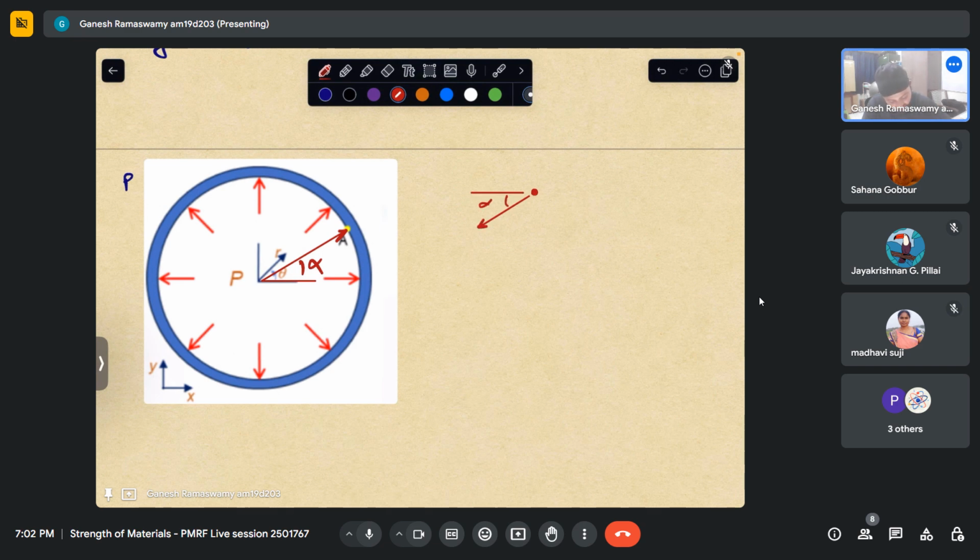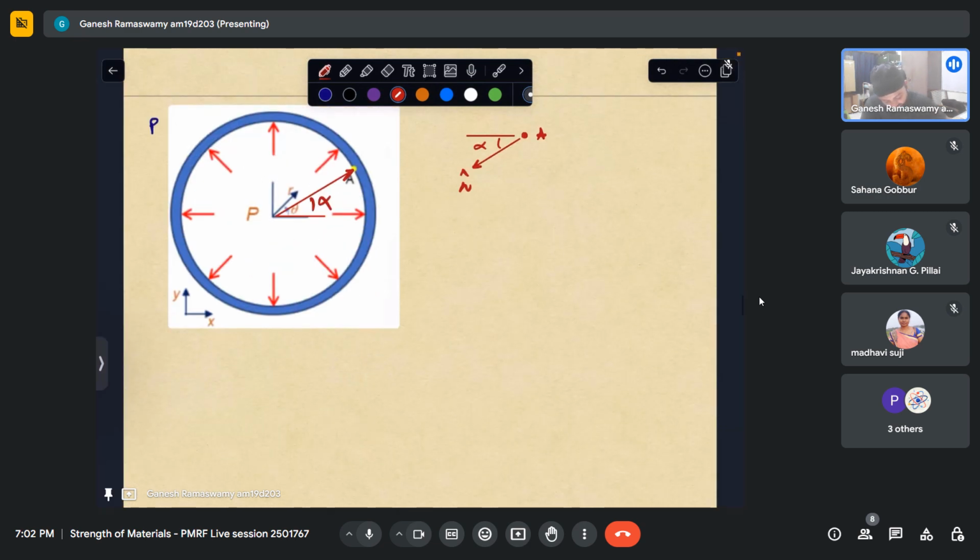This is the normal vector at point A. So far so good. So we want to transform this to the xy coordinate system.